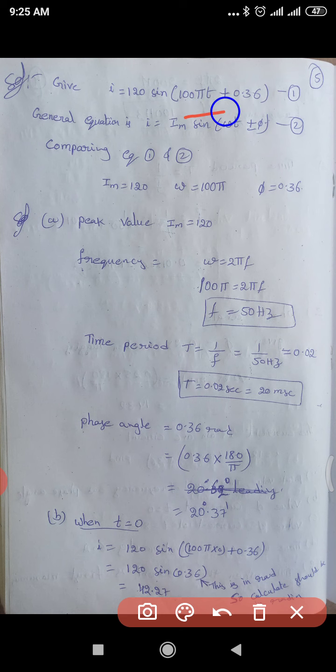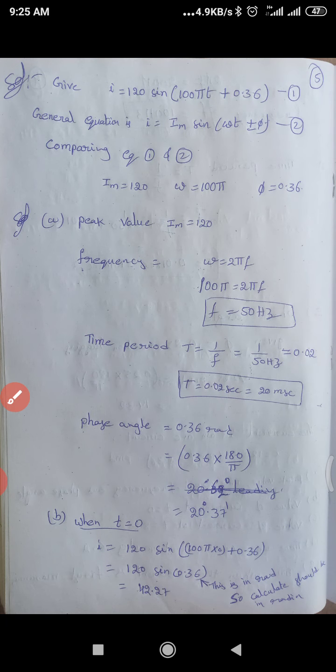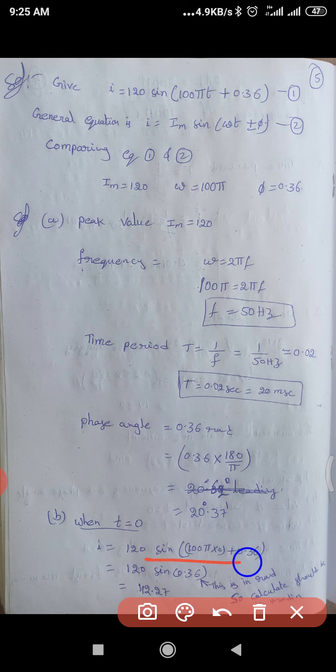See here, 100 pi into t. Now we are substituting t is equal to 0 here. So if you substitute t is equal to 0 and simplify, we get 42.27. Here we have to remember, while operating on the calculator, our values are in radians, so our calculator must be in radians mode.